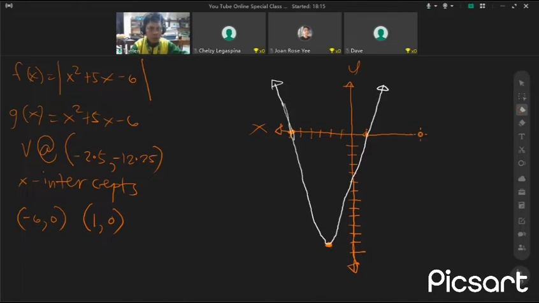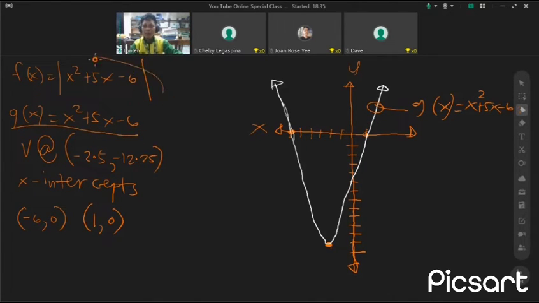This y. This is g of x. Dito tayo naputol kanina. G of x equals x squared plus 5x minus 6. This is the graph of this function.